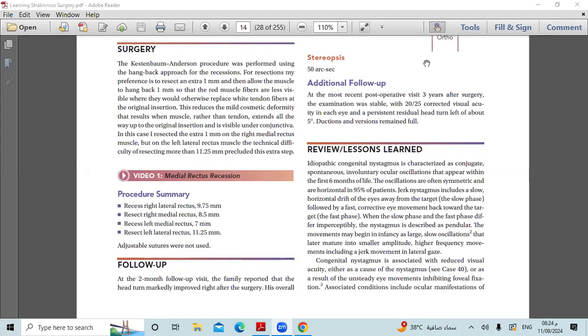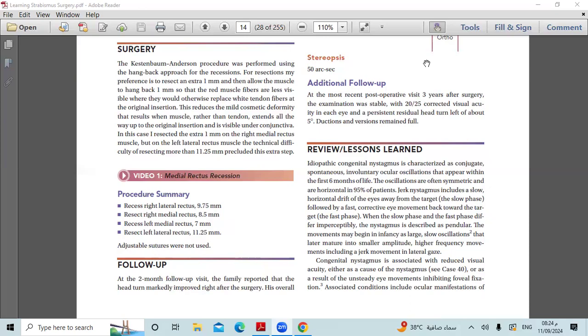Another thing: has anyone heard about the convergence blockage syndrome? This is a form of congenital motor nystagmus with esotropia.